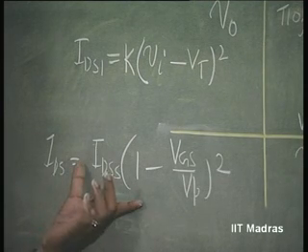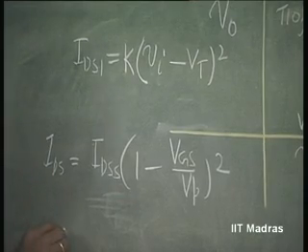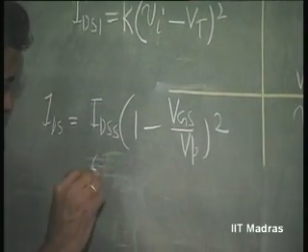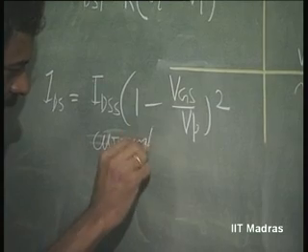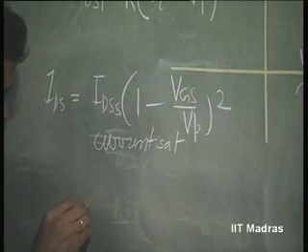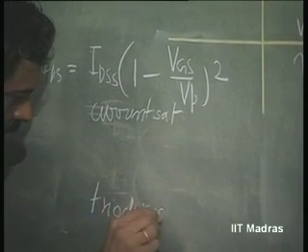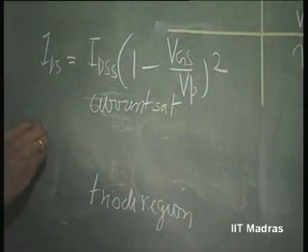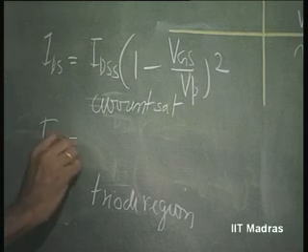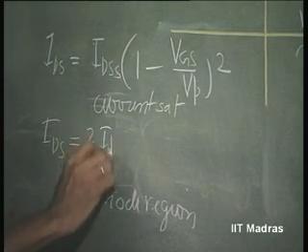Is this clear? For the other region, that is for the triode region, IDS is going to be twice IDSS.